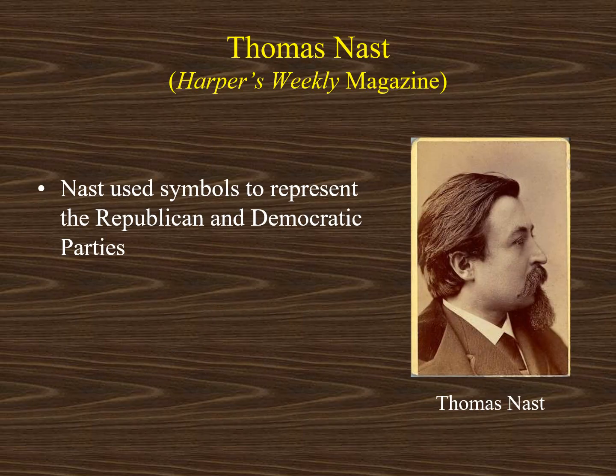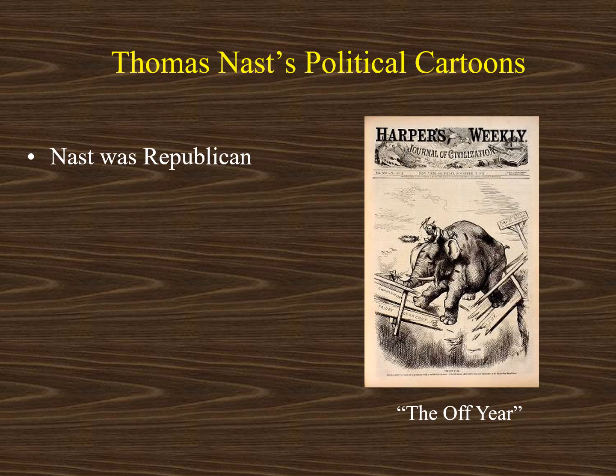The man shown here was Thomas Nast. He was a journalist and a political cartoonist who used symbols to represent both the Democratic and Republican parties. Nast was a Republican, and so he wanted to portray his political party in a positive light.